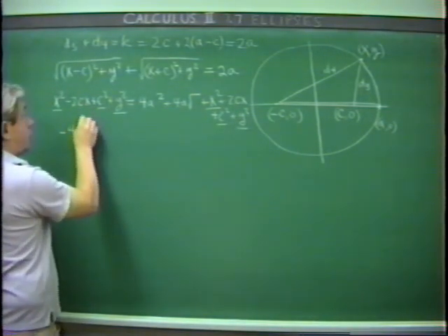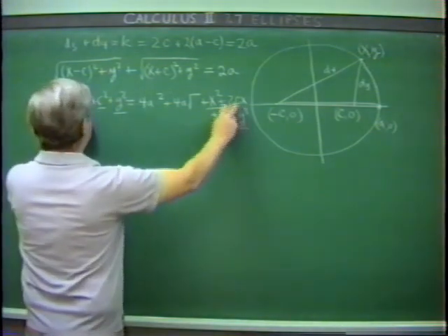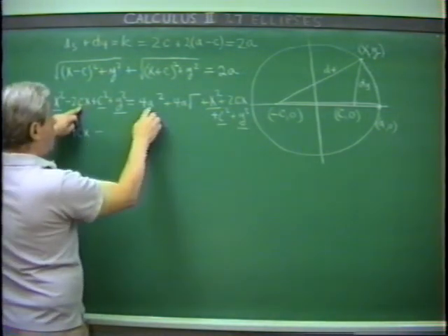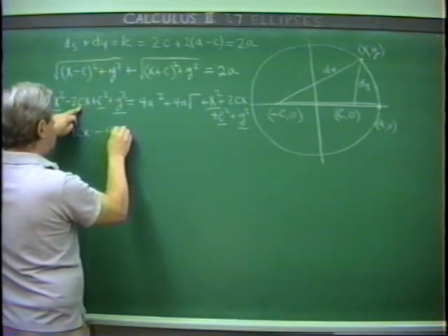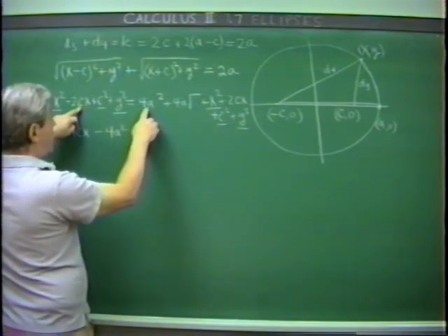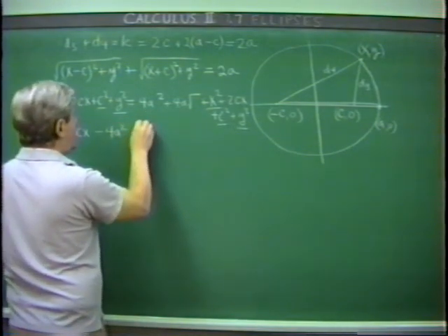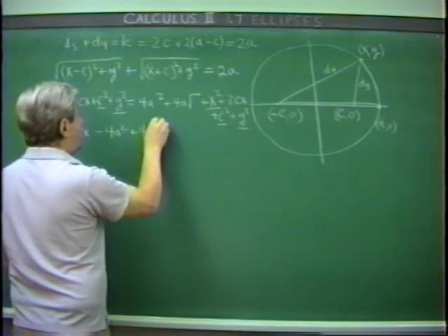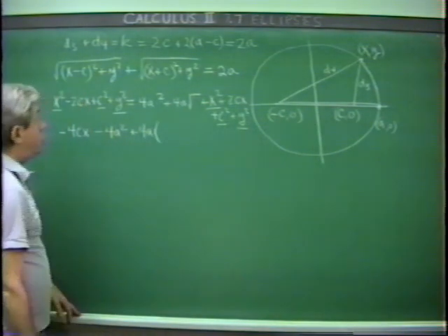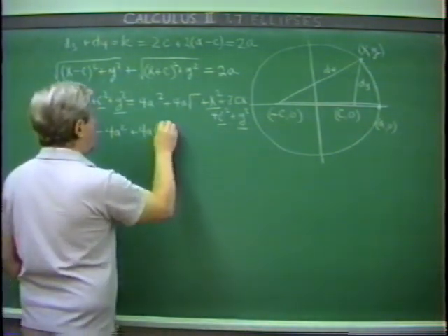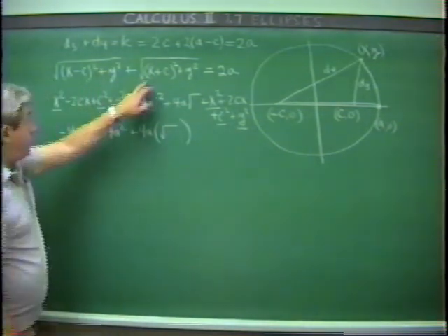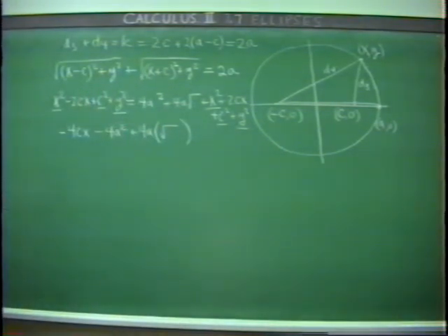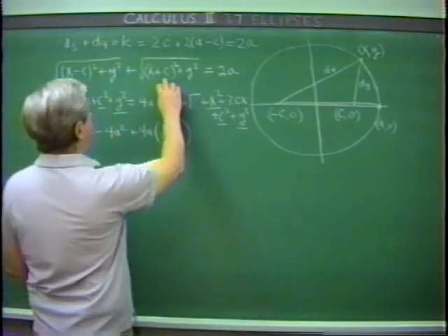And if I bring this over to this side here, then I've got minus 4cx, that takes care of these two, is equal to, well, I'm going to subtract the 4a squared from both sides, and I'm going to have plus 4a times this square root. That's this square root right here.